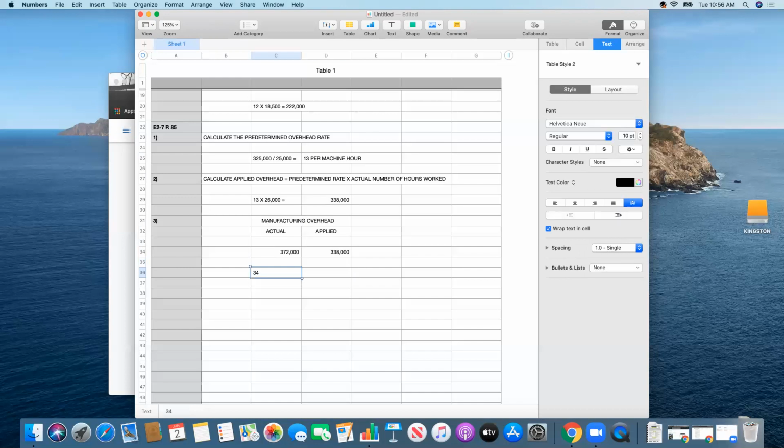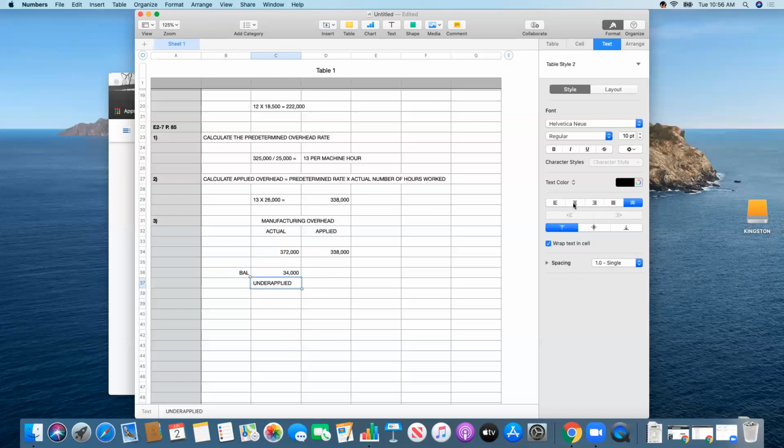The balance in this account is 34,000, and because the actual was higher than the estimate, we say that that $34,000 was under applied. To correct that, what would we have to do?